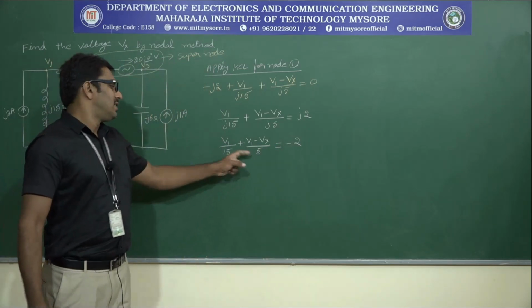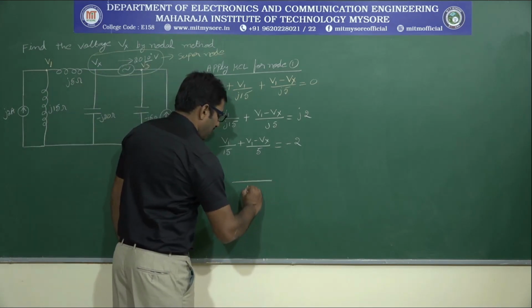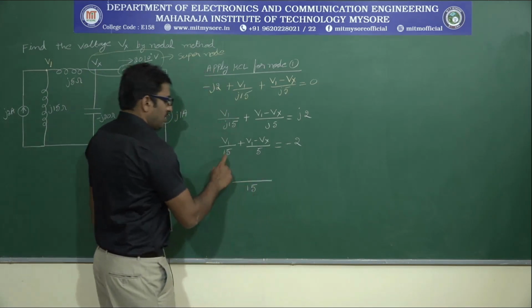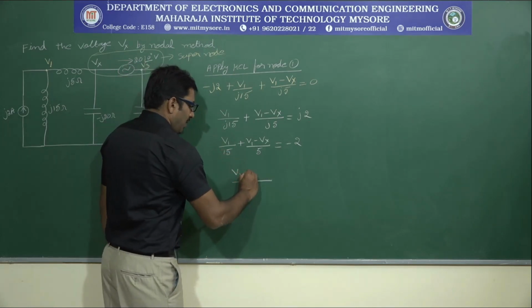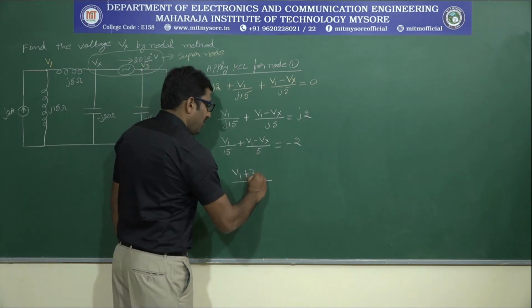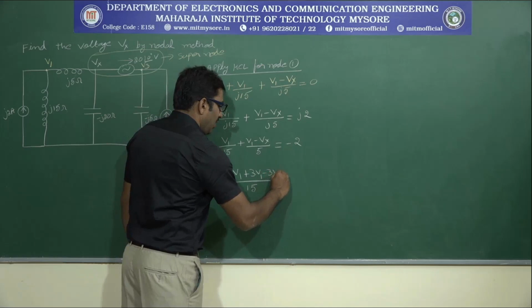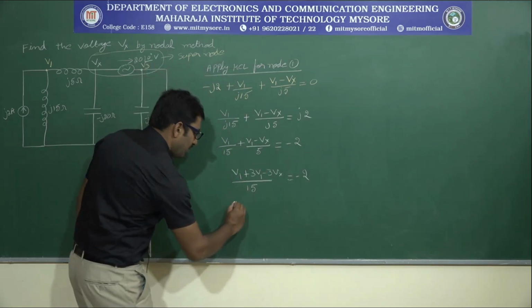Next, take the LCM. What is the LCM of 15 and 5? So LCM 15. So 15 into 15 by 15, 1. So V1 plus 15 by 5, 3 V1 minus 3 Vx, is equal to minus 2. Just cross multiply.